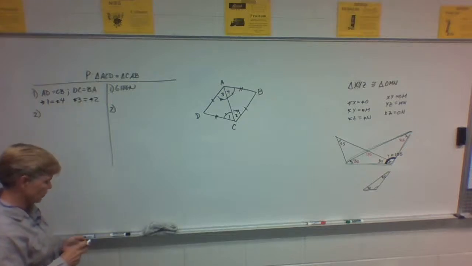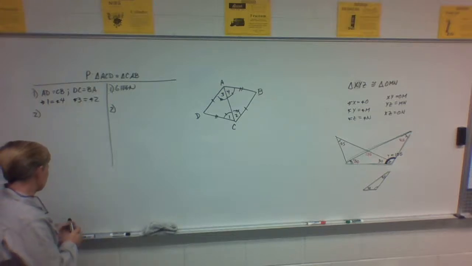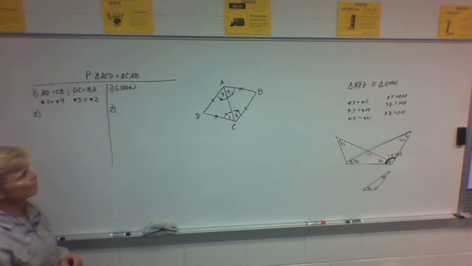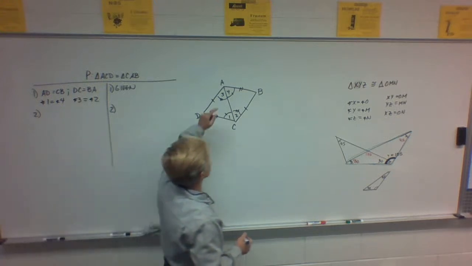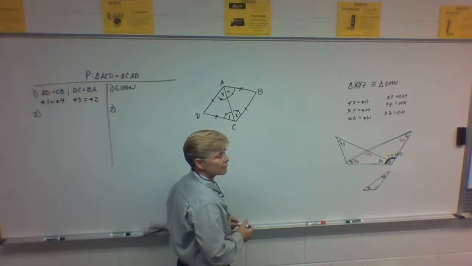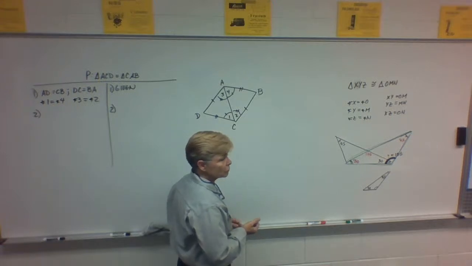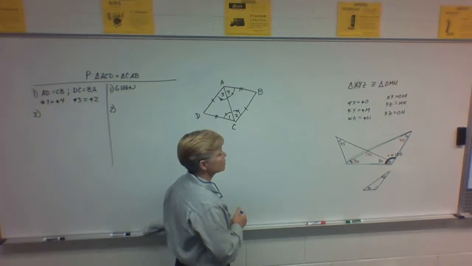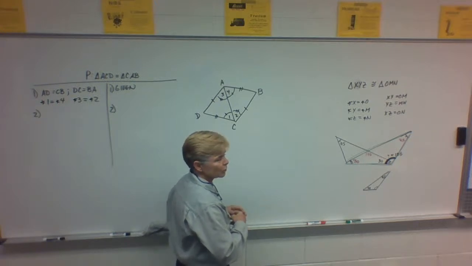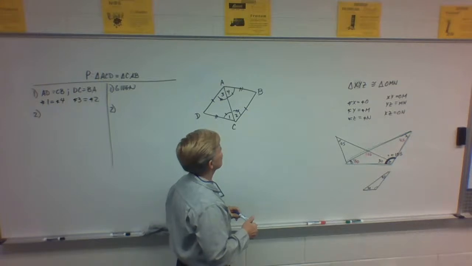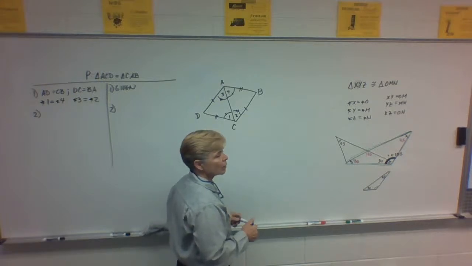What are the parts, folks, that we got to get? We've got 4 of them. Where are the other 2 parts? AC. AC is the remaining side. That's true. What else? What else are we going to have to establish to say that these things are equal?